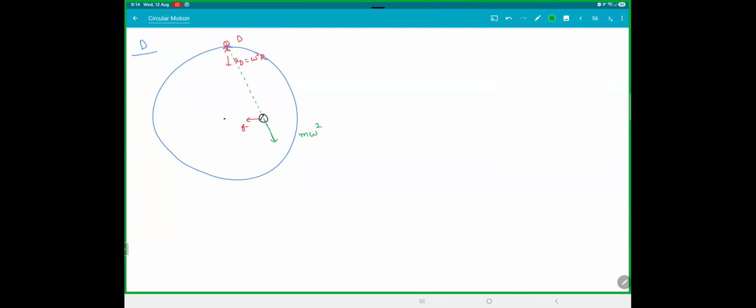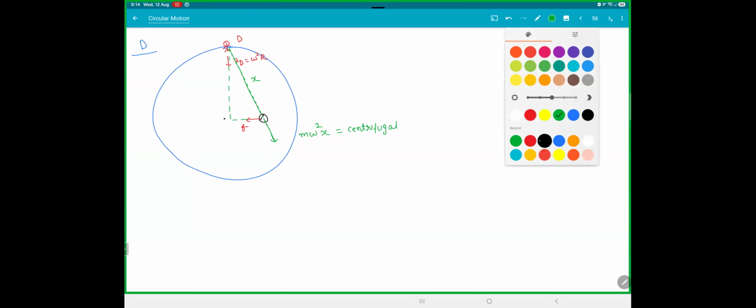So this is the centrifugal force, m omega square. Let this distance be some x. M omega square x. This is the centrifugal force. It is always mass of the body, omega square, and distance between the observer and the coin.